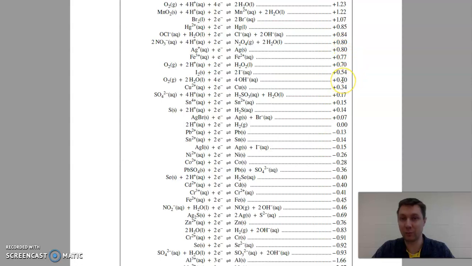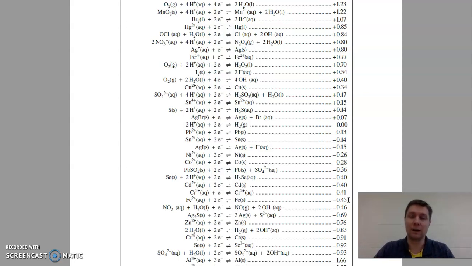So this would be a negative 0.4 volts, and this would be a negative 0.85 volts down here. Or sorry, this one would be even a little bit different. Anyways, you can take those two numbers and combine them, and you'll see that the answer that you would get, whether with the new numbers or the old numbers, the net electrical potential would be the same. It would be a positive 0.85 volts.